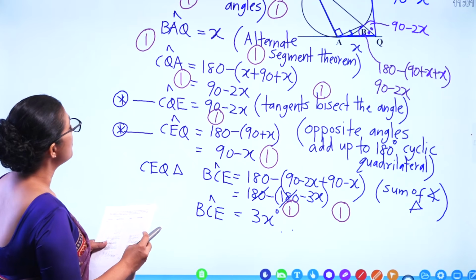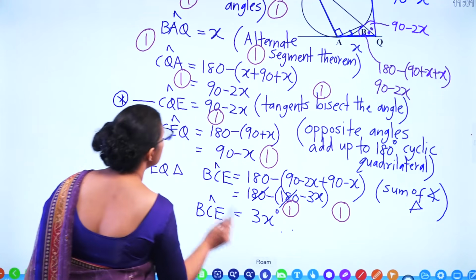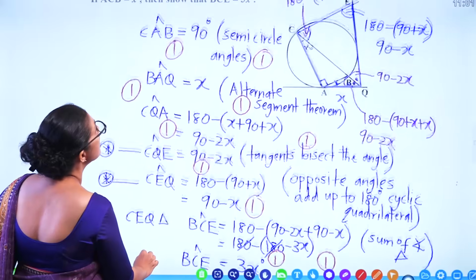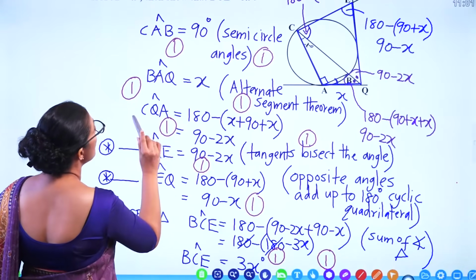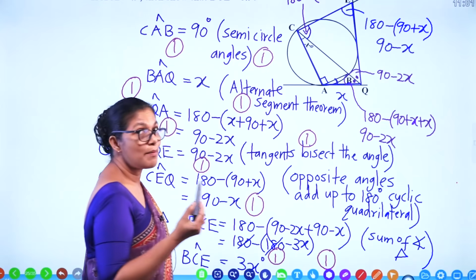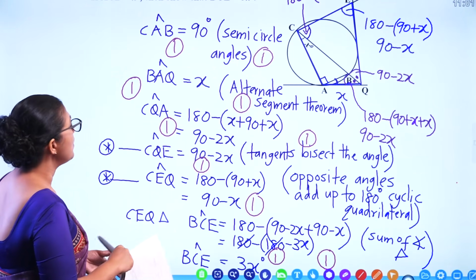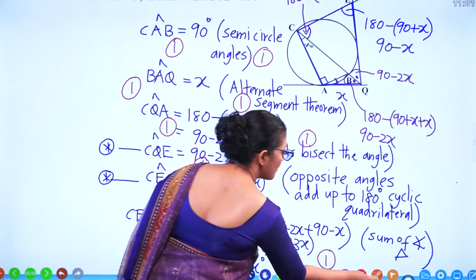So 1, 2, 3, 4, 5, 6, 7, 8, 9. 9 marks. 1, 2, 3, 4, 5, 6, 7, 8, 9, 10. So 10 marks altogether. Now we'll take the next question.